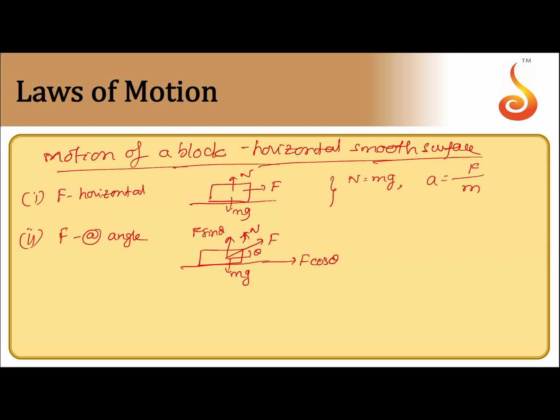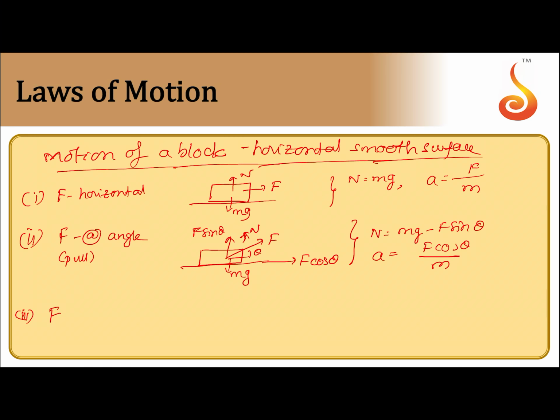So this time, what are all the equations? N is equal to mg minus F sine theta, and the acceleration is F cos theta divided by m. Correct? Remember, the earlier case is a pull.